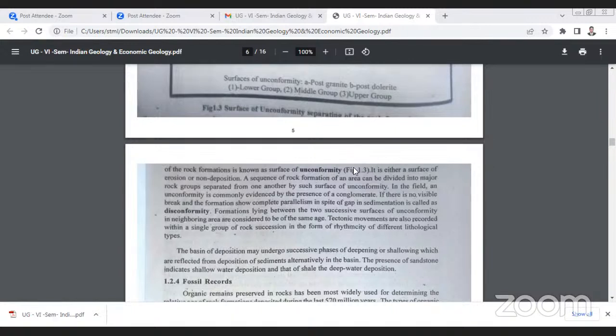There is no deposition along that gap. It is a non-deposition, so it is known as an unconformity formation.